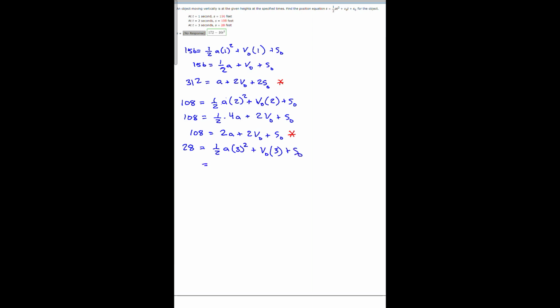So we got 1/2 times 9a plus 3 v naught plus s naught. Now that we have that 1/2 fraction, we're going to multiply every part of that equation by 2. So we'd have 56 equals 9a plus 6v naught plus 2s naught. So I'm going to star this one because we're going to come back to it.